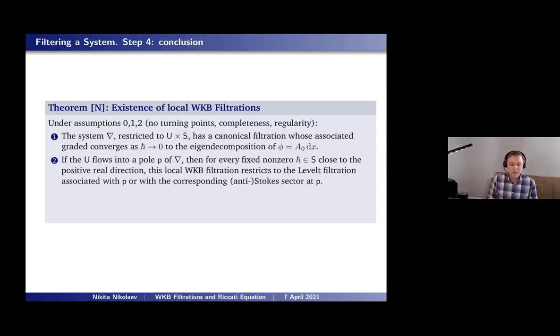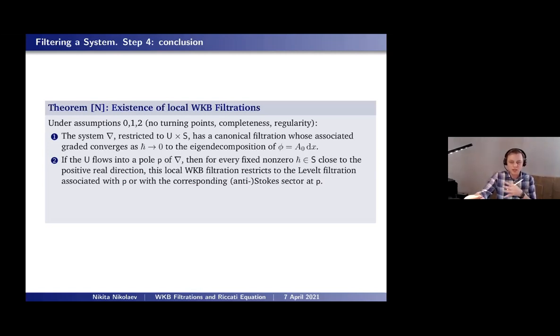Number 2, if my flow domain U flows into a pole of my system, then for every fixed h bar, I have a genuine meromorphic connection, not an h bar connection.